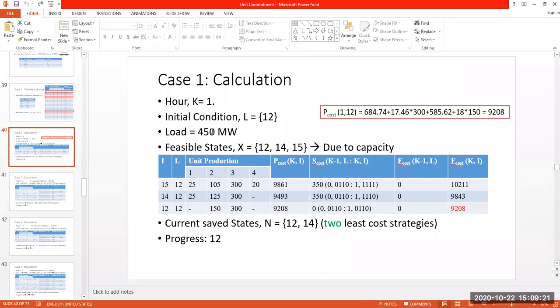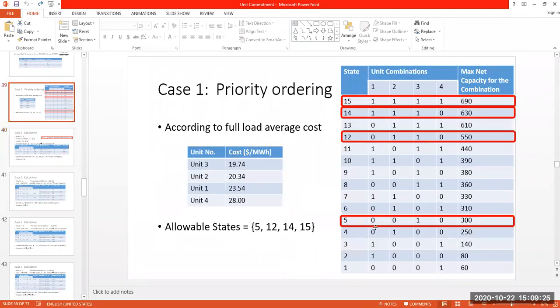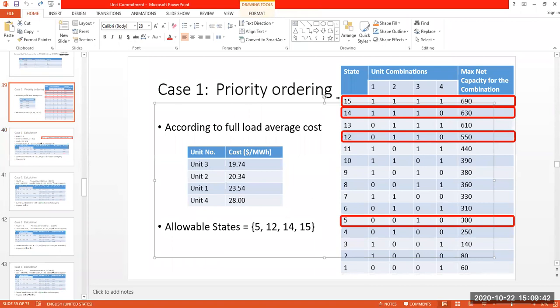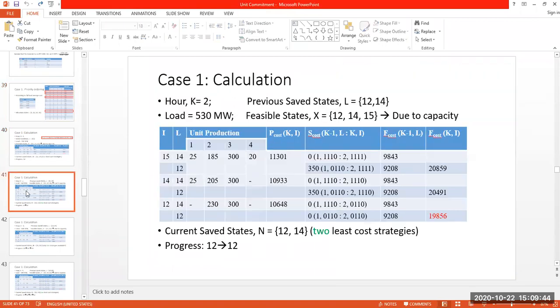You can check it from slide 39. State 5 can only provide 300 megawatts. So can state 12 provide 530? Yes, it can. It is 550 maximum. So still my feasible states are 12, 14, and 15. Clear? This is how we choose the feasible states.